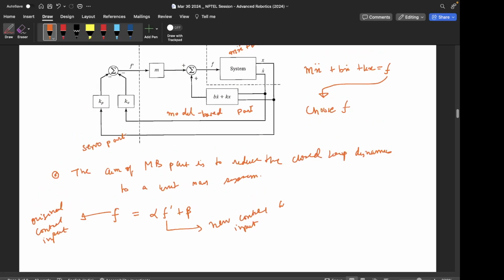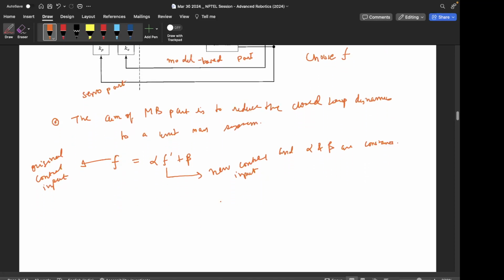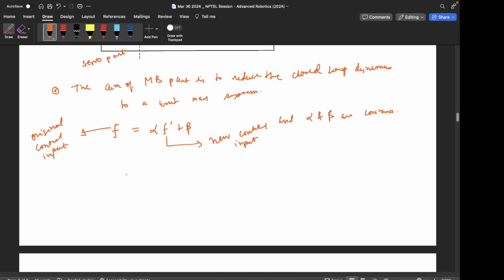And alpha and beta are constants here. Okay, so again we replace f by this expression in the system dynamics. Now the goal is to make this system like this, right? X double dot is equal to f dash.